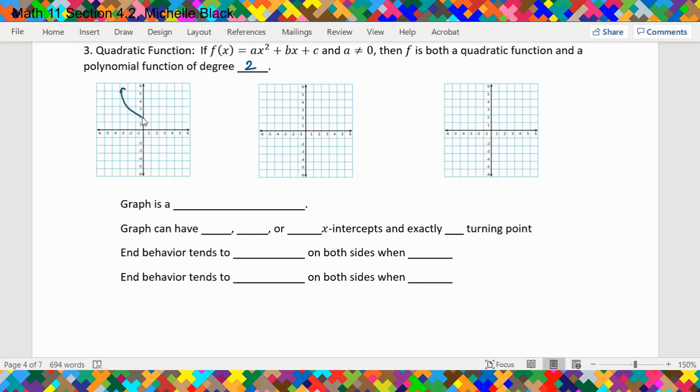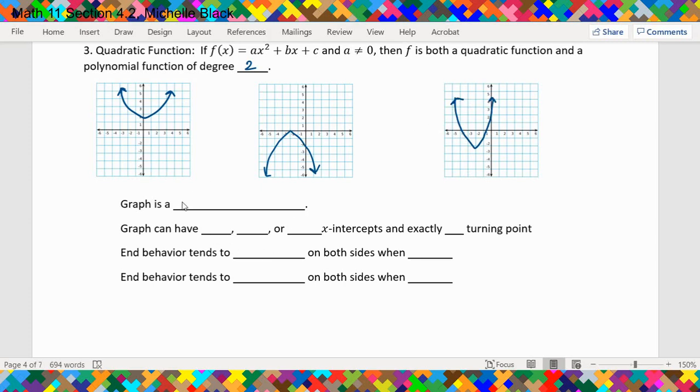For starters, we have the case where our parabola never touches the x-axis. Then we also have the case where our parabola just touches the x-axis once. And the last type of parabola we have is when our parabola crosses the x-axis twice.